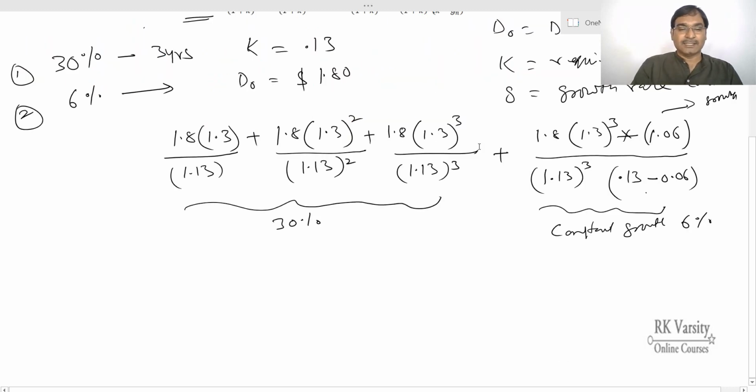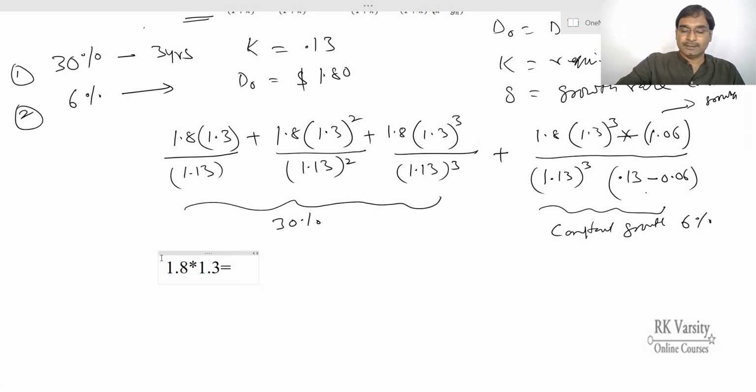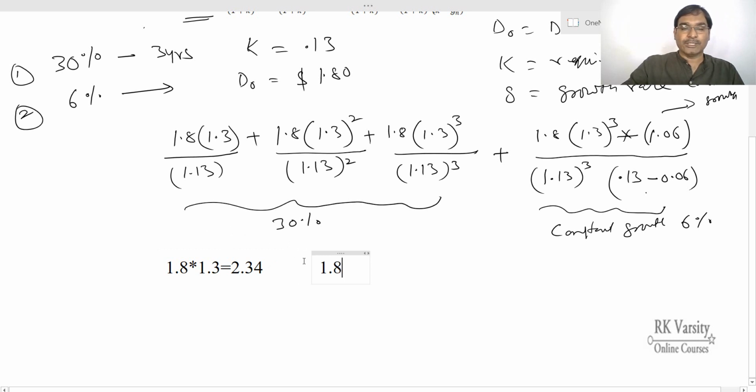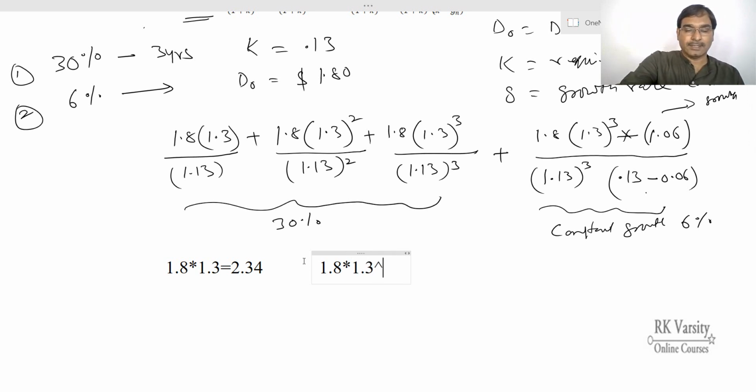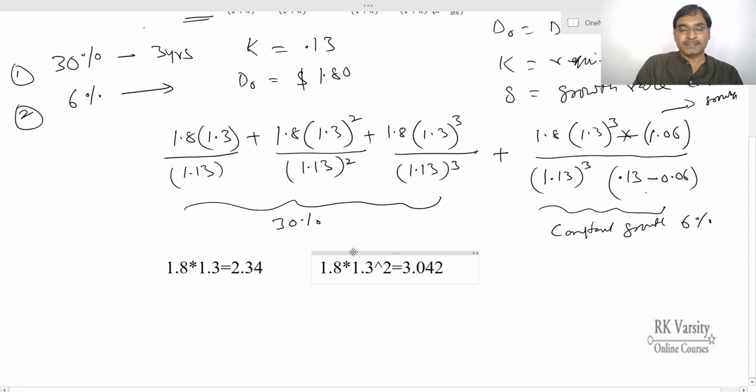Now we calculate the values for each. So 1.8 times 1.3. The expected dividend in the first year is 2.34, and then the expected dividend of the second year is $1.8 times 1.3 raised to the power of 2. So this is the expected dividend for the second year.